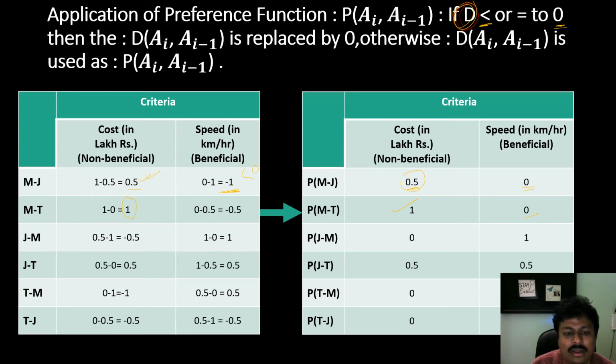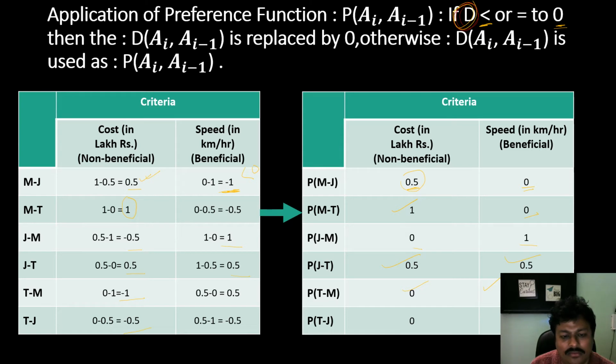Here in case of j minus m, this is negative, write 0. This is positive, write the number as it is. In case of j minus t, this is positive, this is positive. Write both the numbers as it is. In here, this is negative, write 0. This is positive, write the number as it is.